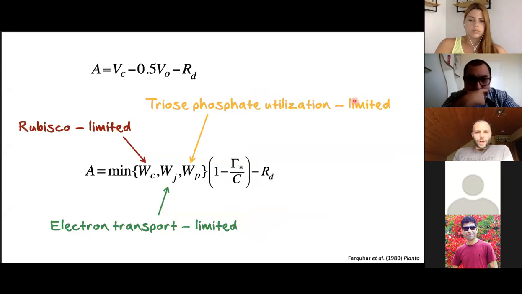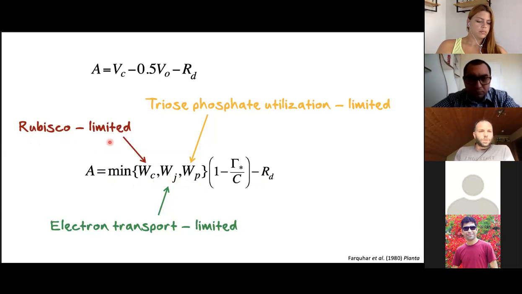And Farquhar et al. first did this with this equation here, or one similar to that, where they said, well, we can take our assimilation rate and describe it as the minimum carboxylation rate that you could get under the three limitations that exist in the plant.